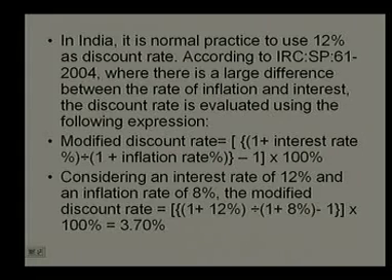If you find that the rate of inflation and interest rate are widely varying, then they modify the formula for calculating the discount rate, and they give the formula for discount rate calculation like this. I will give you the formula.